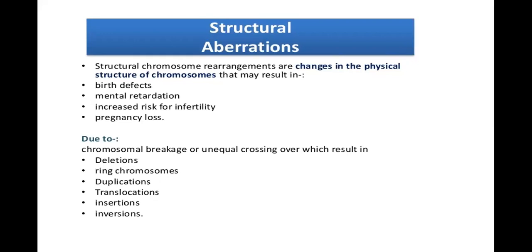Ring chromosome is formed because of the fusion of the chromosome. In duplication, the material becomes duplicated. Translocation of the chromosome can also occur. In insertion, some material can come and get inserted, or inversion of the chromosome can occur. So these are the structural aberrations which are going to lead to either birth defects, mental retardation, increased risk of infertility or pregnancy loss. Okay.